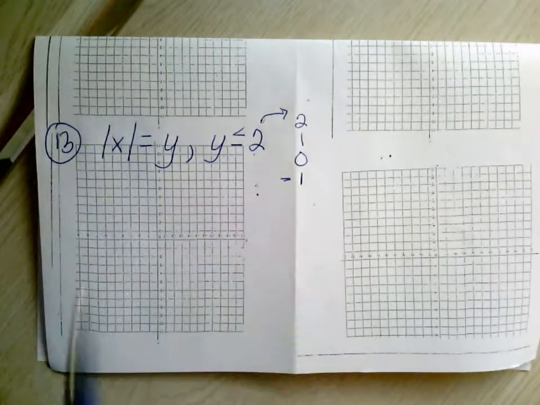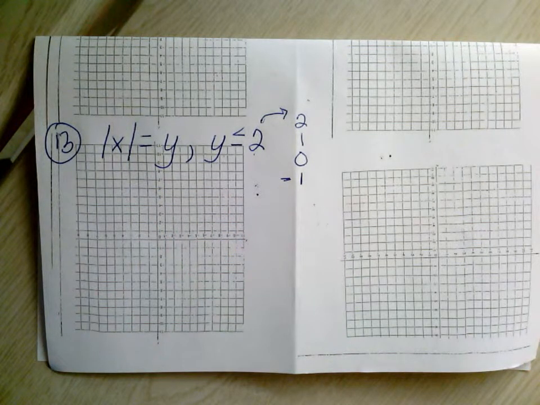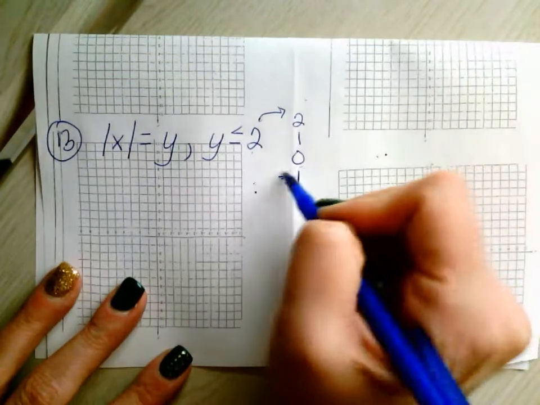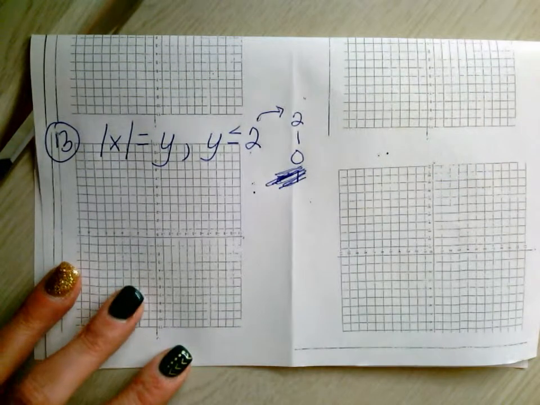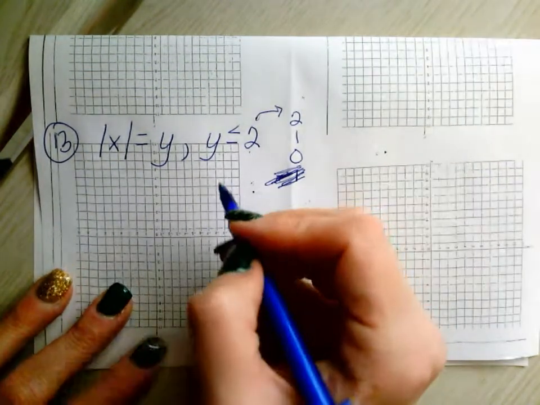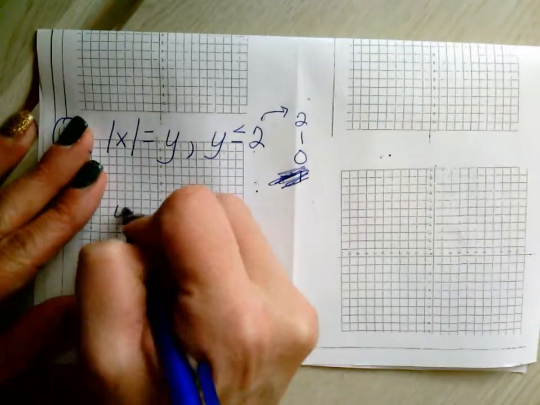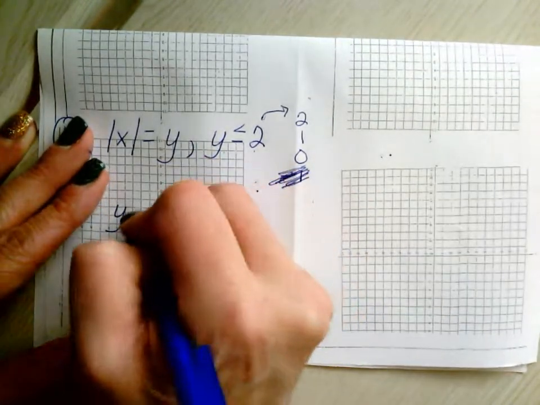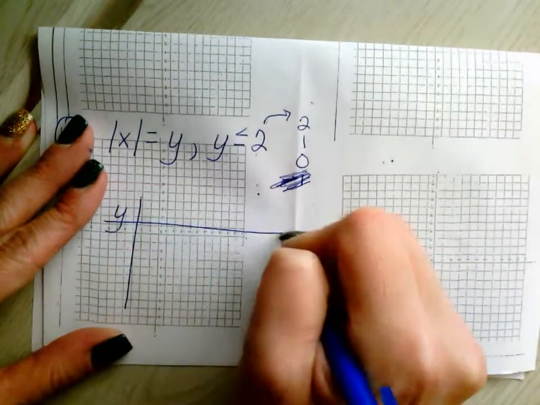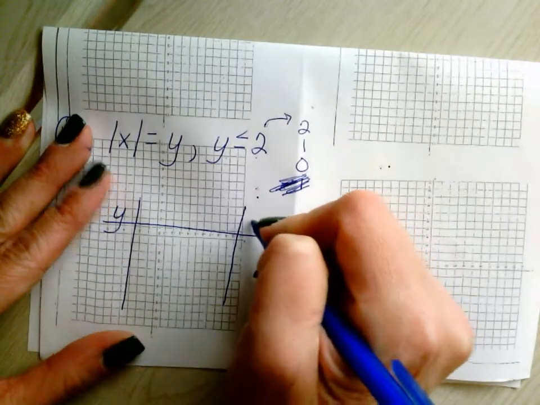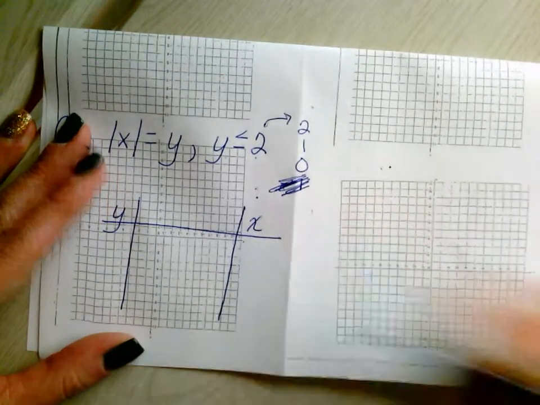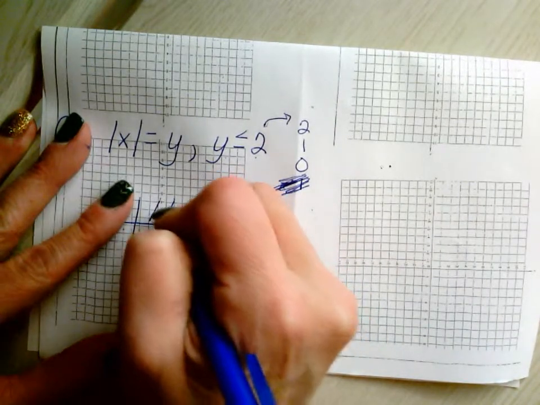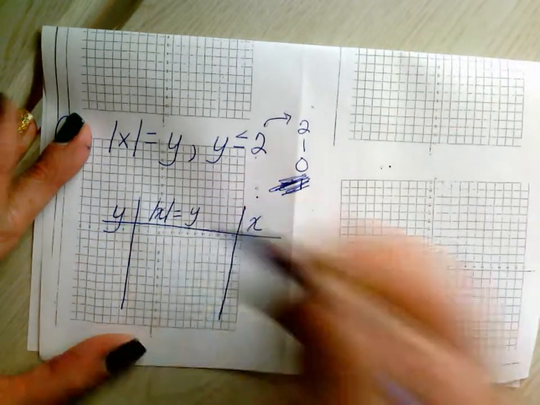So that means your y values have to be positive numbers. So I'm going to start with my y values this time. I know that seems weird. My x. Absolute value of x is equal to y.